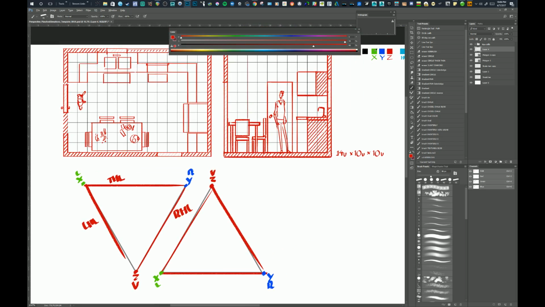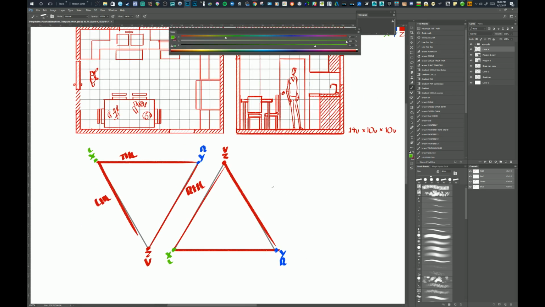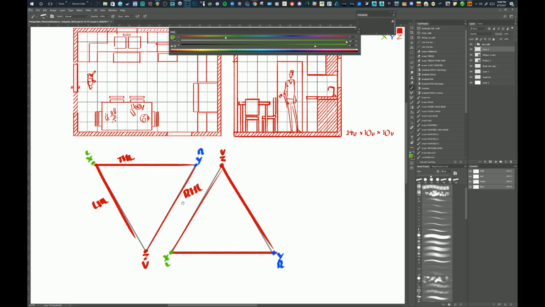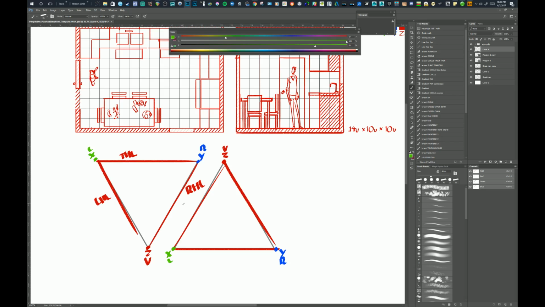Alright, so with that said, we now have X, Y, and Z. I'll show you what we have to do in order to create our three reference lines. Reference lines are used for receiving foreshortened units from a measure bar using a measure point.